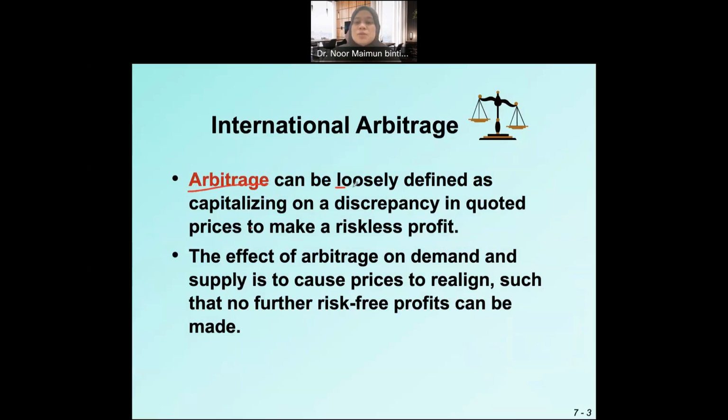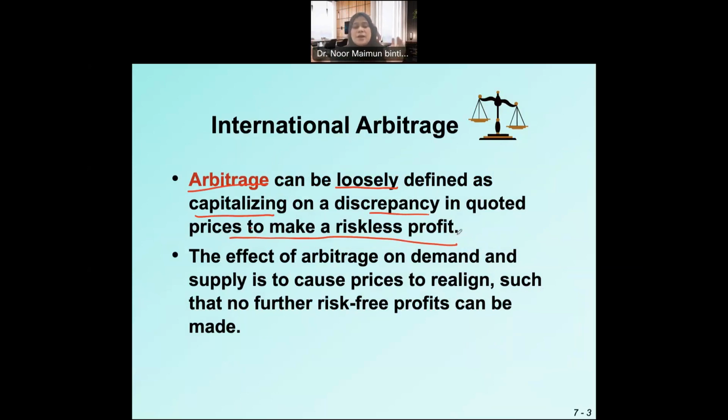Arbitrage can be loosely defined as capitalizing on a discrepancy in quoted prices to make a riskless profit. It is a process where you want to protect yourself from making a loss because of exchange rate differences.